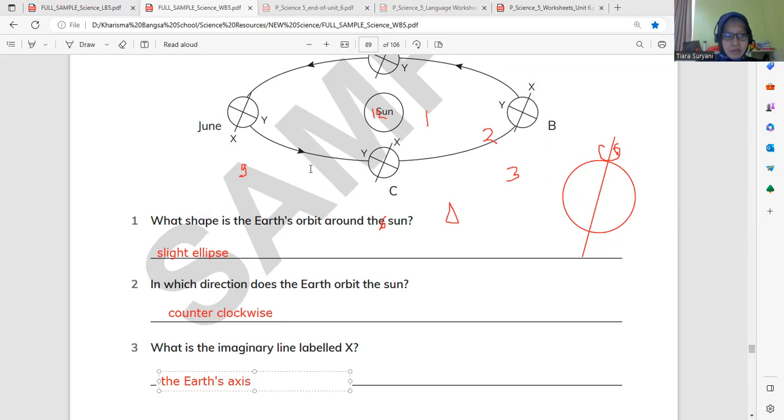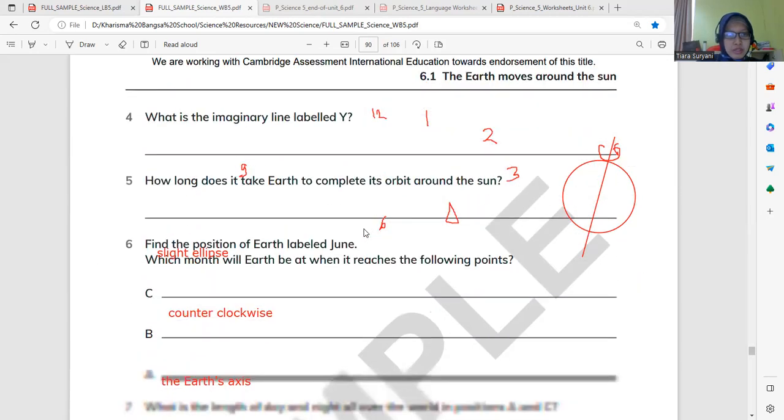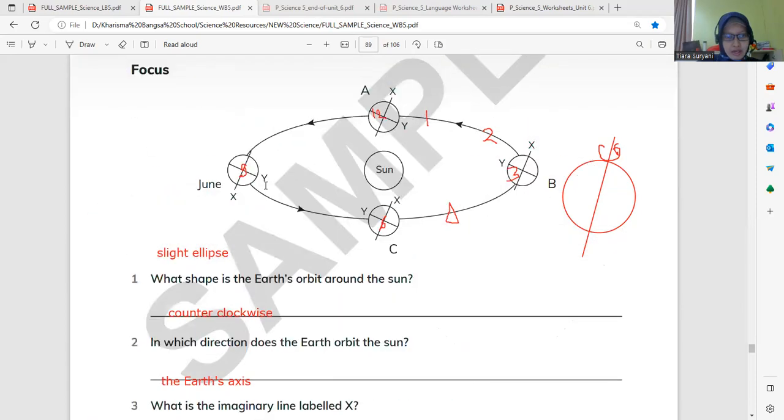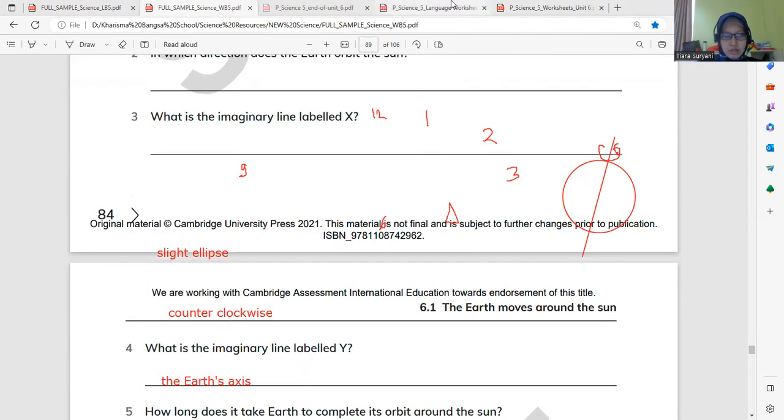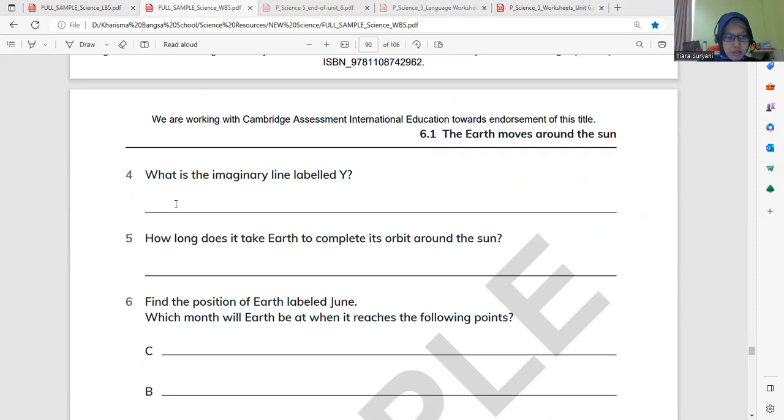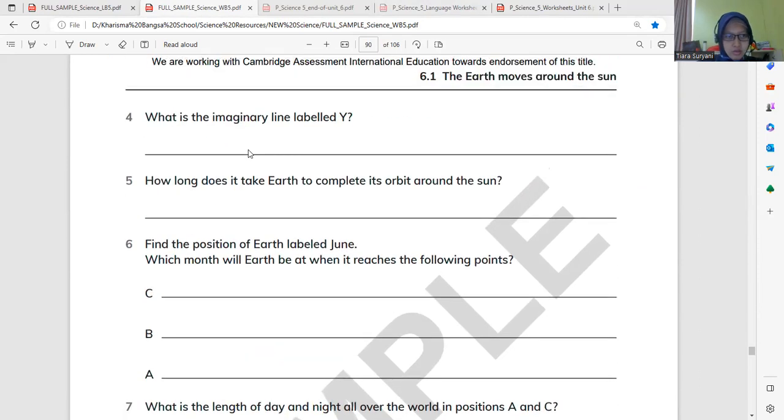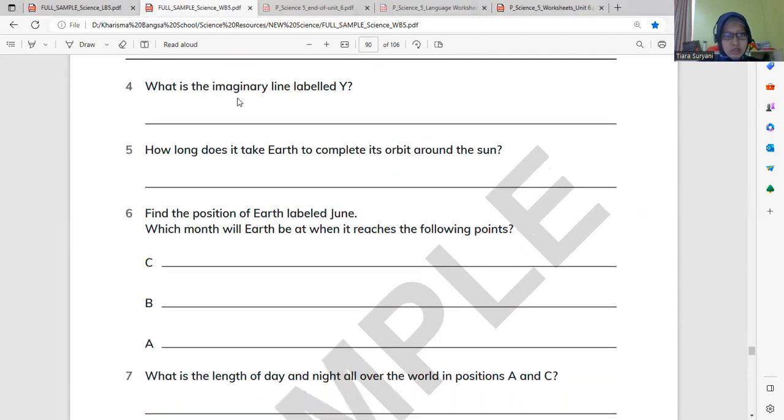Okay, let's continue. What is the imaginary line labeled Y? Let's say X is the vertical and Y is the horizontal. The horizontal one we call the equator. Let me just scroll down. So it is the equator.